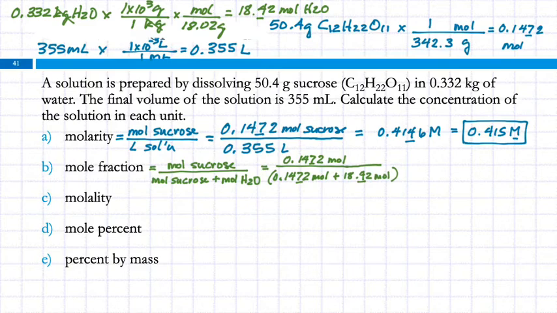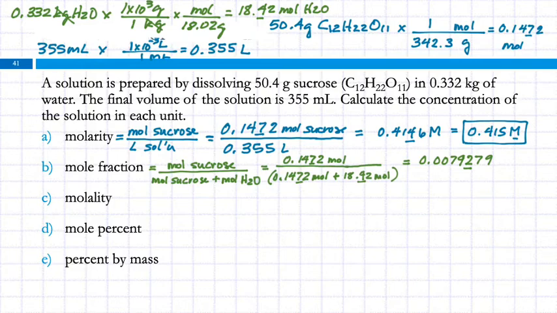So I've got my numerator divided by, and then I'm going to open parentheses, 0.1472 plus 18.42, close parentheses, equals, I get 0.0079279.